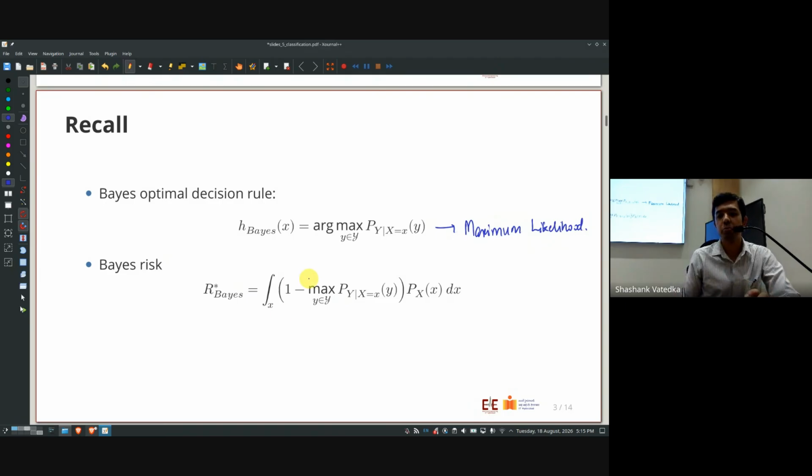How do you justify, how do you prove that this is actually the Bayes risk? Given a particular x, this is what the Bayes optimal rule outputs. Conditioned on x, what is the probability of error?